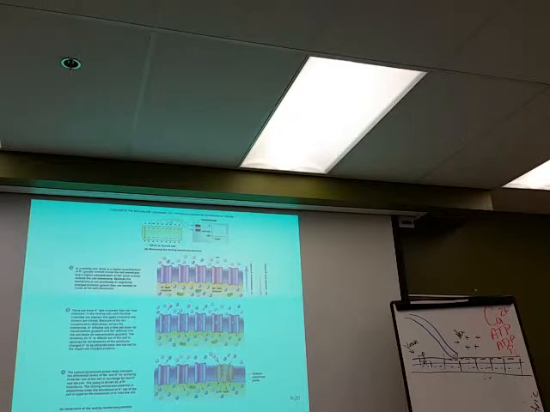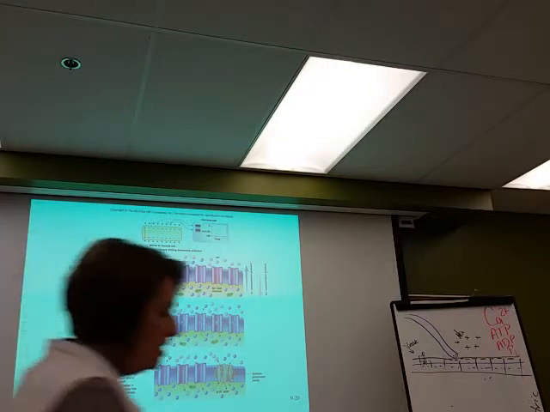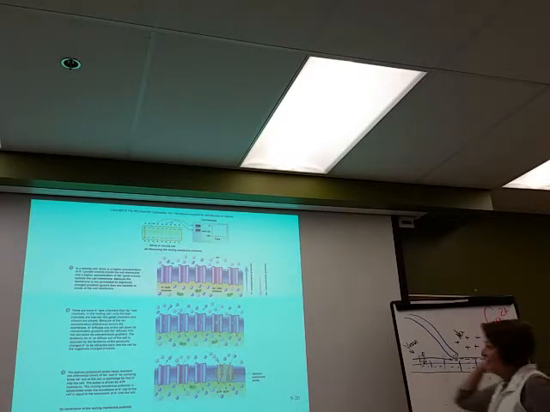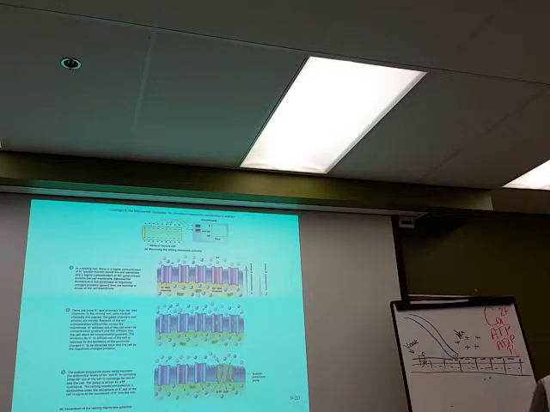If ligand gated open, what rushes in? Huh? What? Potassium. Sodium. Okay? Then, if my ligand gated get affected, it'll then affect voltage gated.